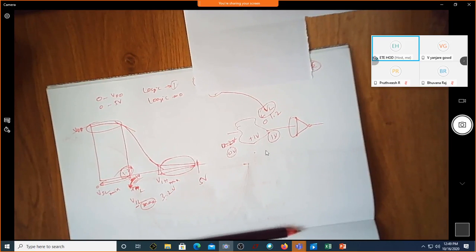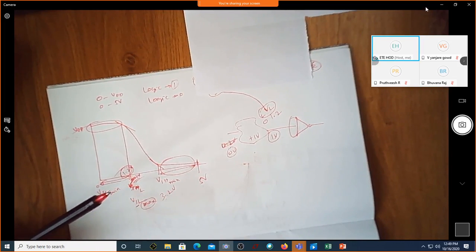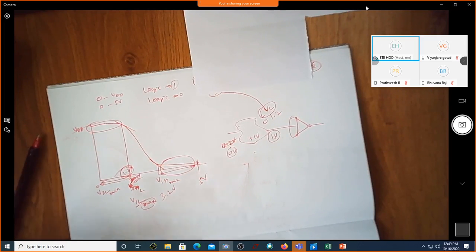Now, can I change this range? Can I make it equal to 0.8 volt or equal to 2 volt? Meaning, can I shift the transition point, can I move it from 2.5 to somewhere else?